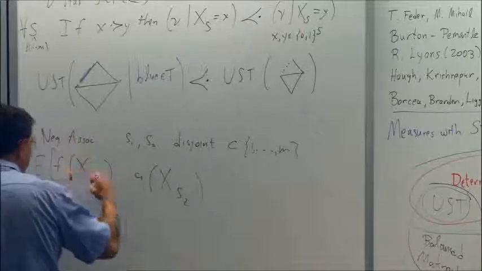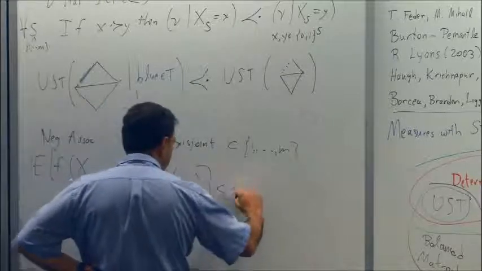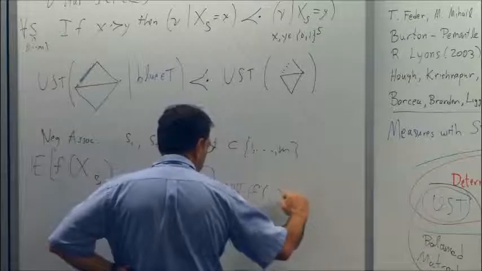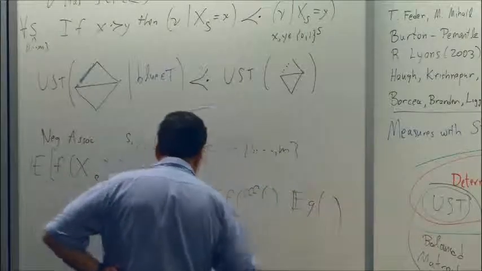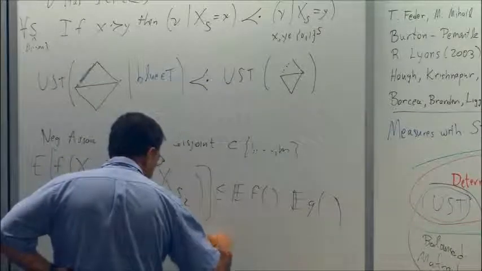So the expectation of this product is less than the product of the expectations, for any f and g that are increasing.